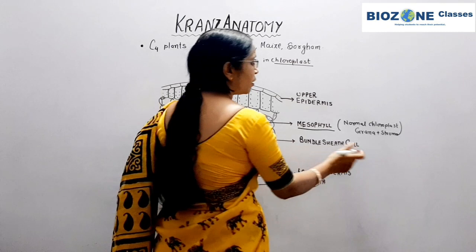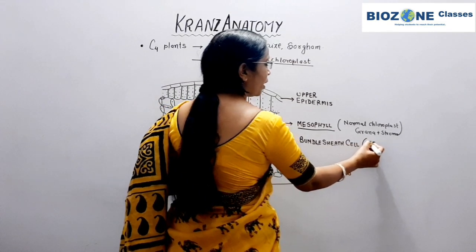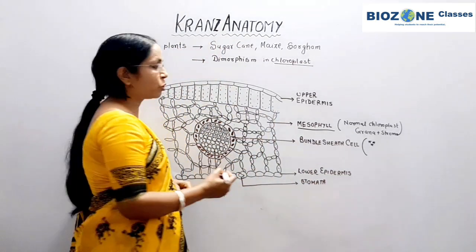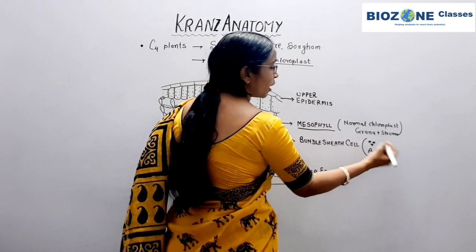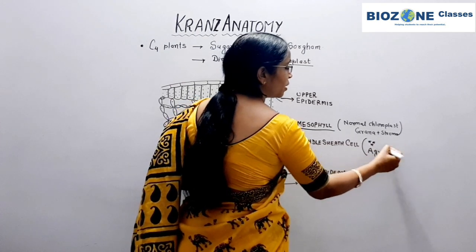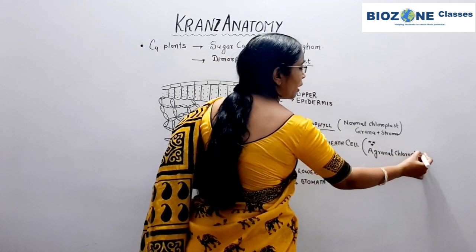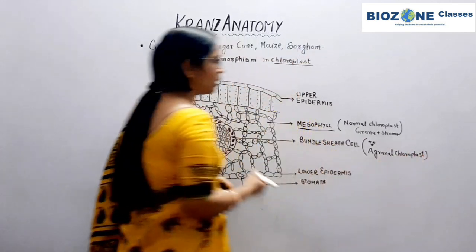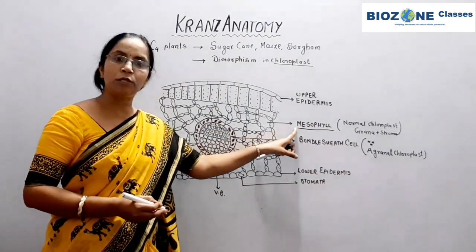Secondly, questions have predominantly come for bundle sheath chloroplast. Remember, bundle sheath chloroplast is present without grana, or devoid of grana, therefore it is called agranal chloroplast. The agranal chloroplast is present in the bundle sheath and granal chloroplast is present in the mesophyll.